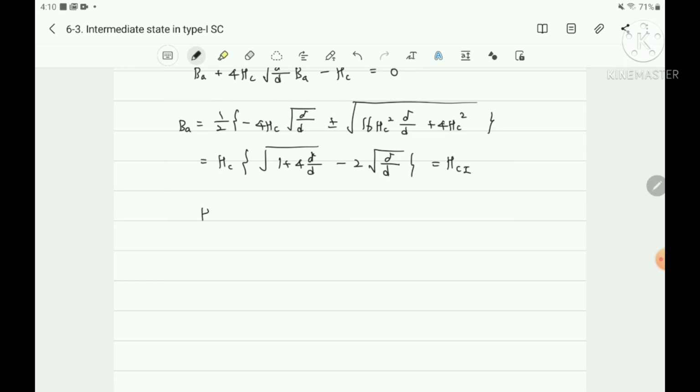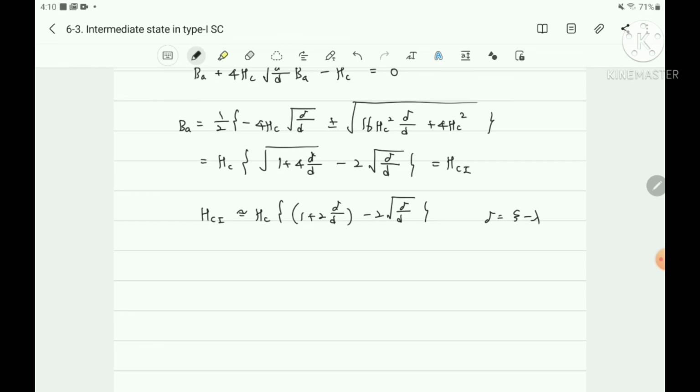Here, the intermediate state critical field can be written as Hc, and from the binomial theorem it is 1 plus 2 delta over d minus 2 square root delta over d. The d is the sample thickness, and the delta is psi minus lambda.